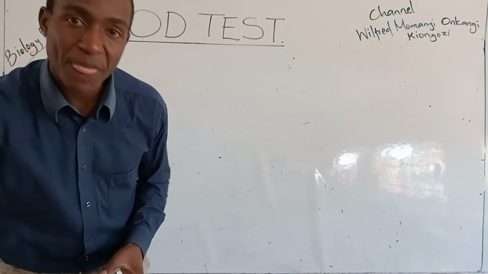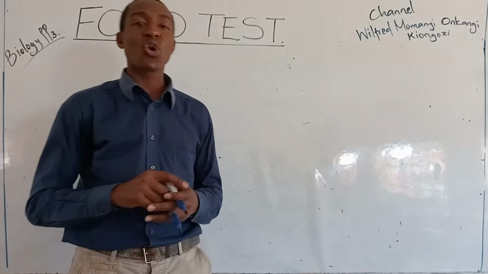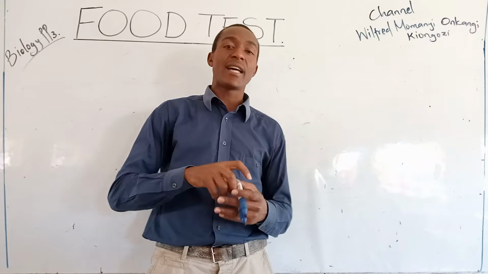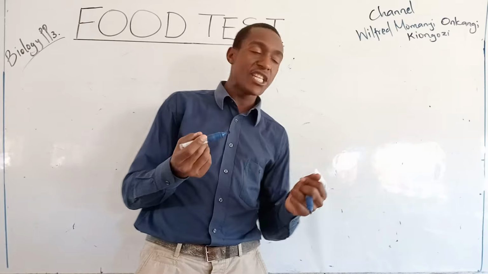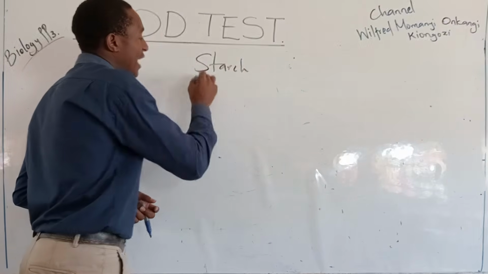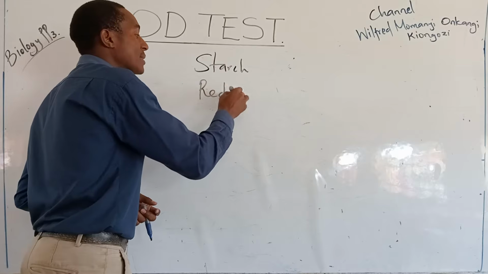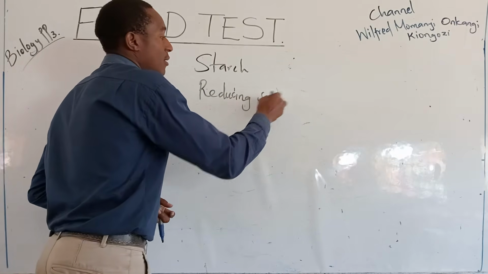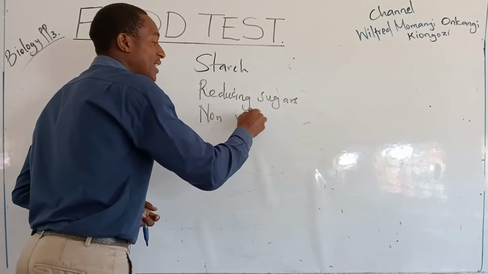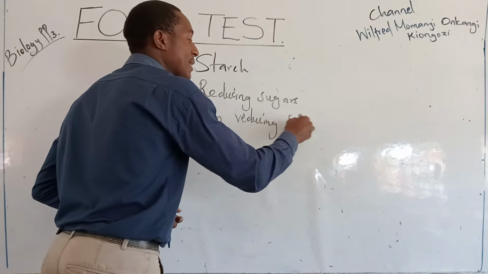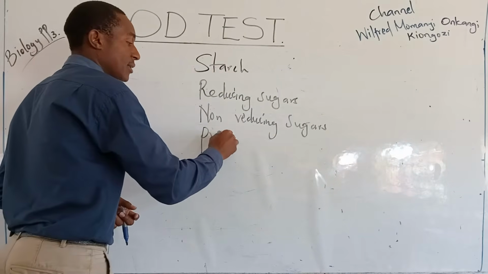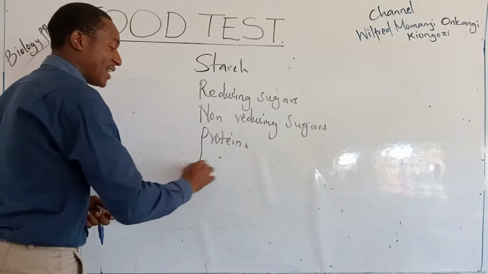Remember in Form 1, when you were talking about chemical compounds of life, you talked about certain foods. I can just briefly remind you that we have starch, reducing sugars, non-reducing sugars, proteins, and lipids.